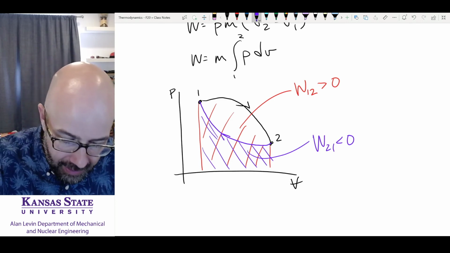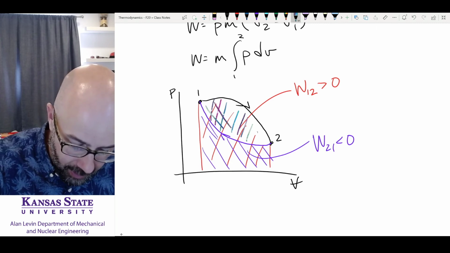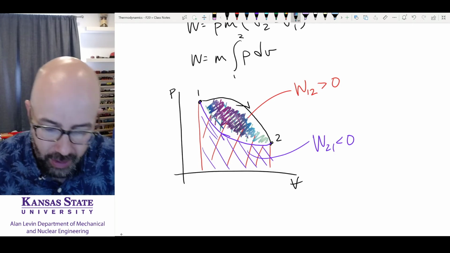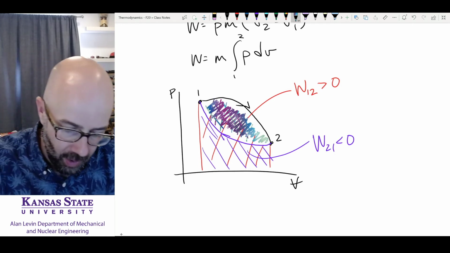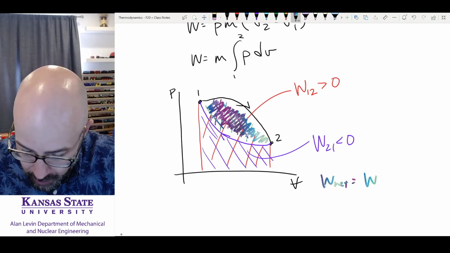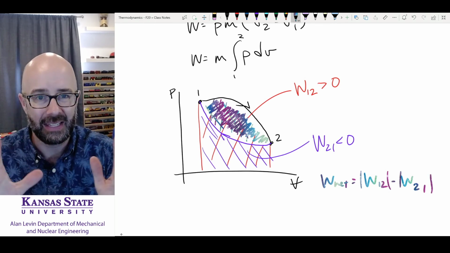What we have inside here is going to be our net work. Work net is going to be equal to work 1,2 minus work 2,1, and we'll put magnitudes on that. We'll get to that more often.